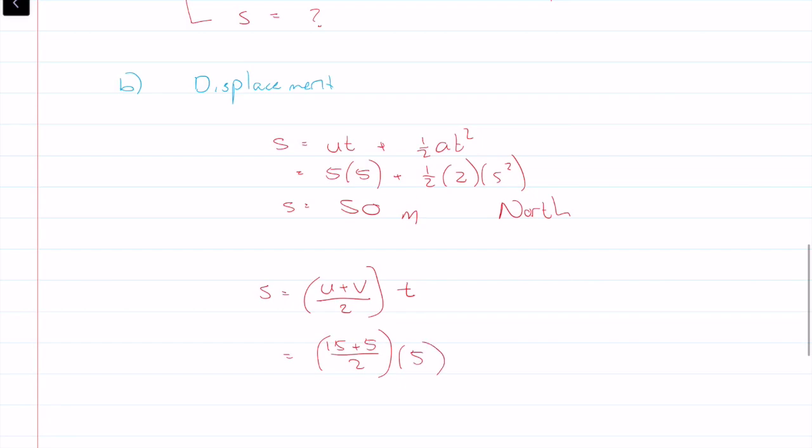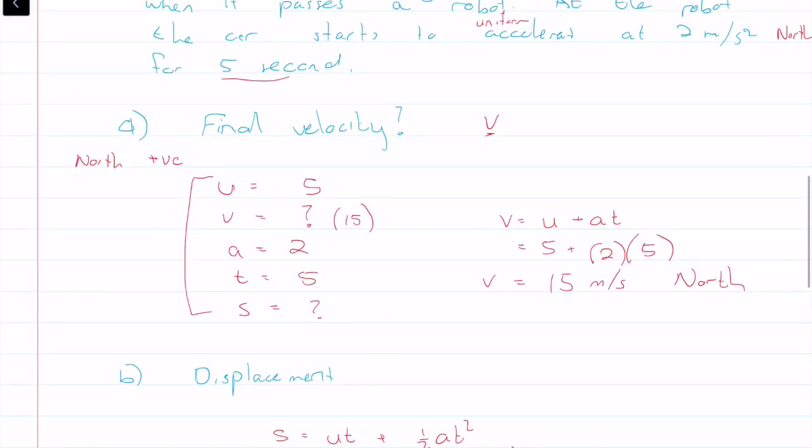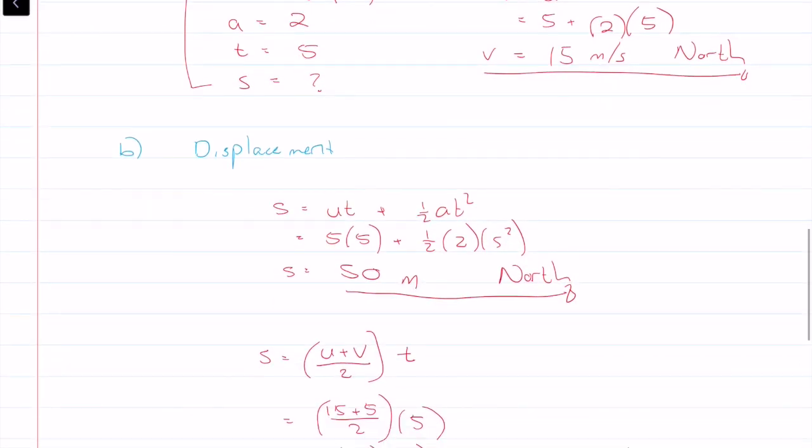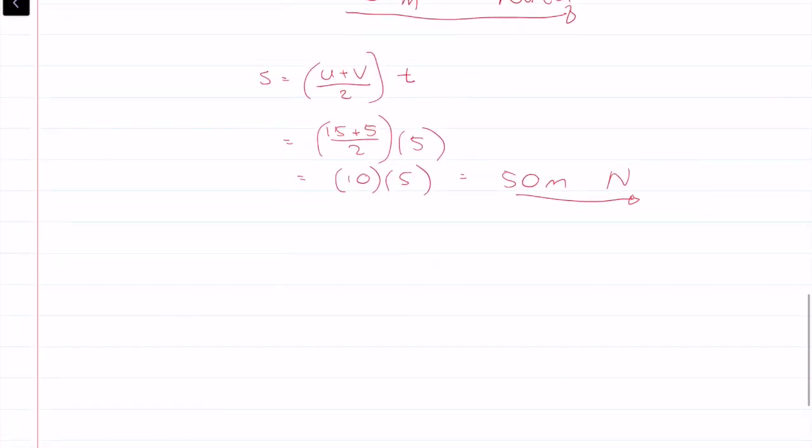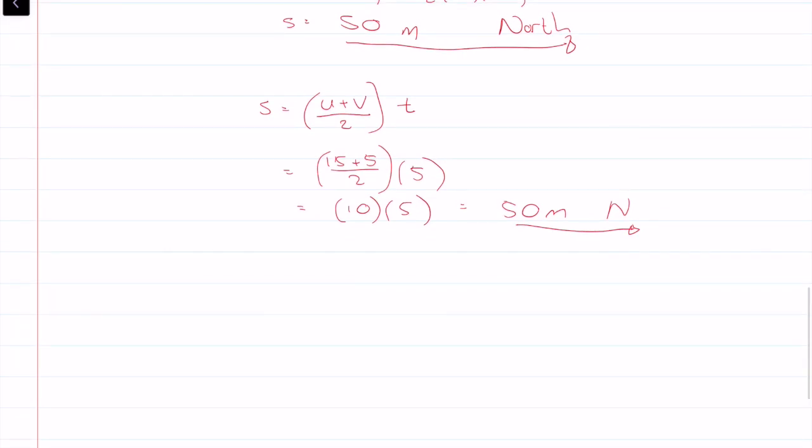So what's that? We have 20 over 2, which is 10, times 5, which is the same as 50 meters. Okay, again, north. So we got the same answers there. So that's just indicating that you can use any of the equations, but sometimes you need to try pick which equation would be best for the situation and the information that you've been given.